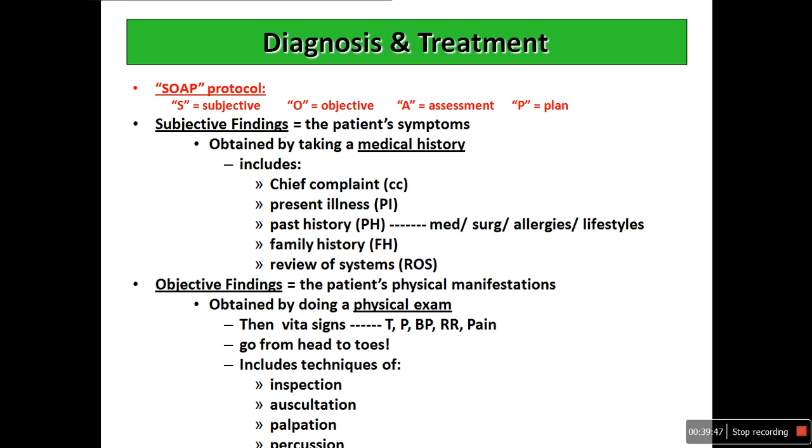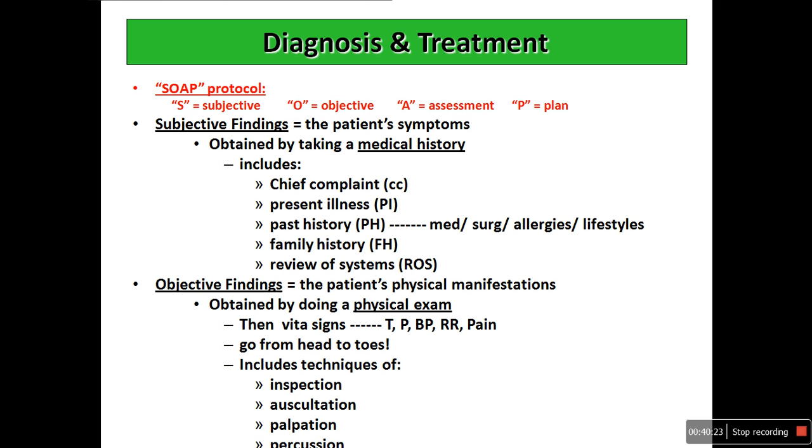It includes the chief complaint, present illness, past history, like whether the patient has taken medication before, had a surgery before, has allergies, and lifestyle.